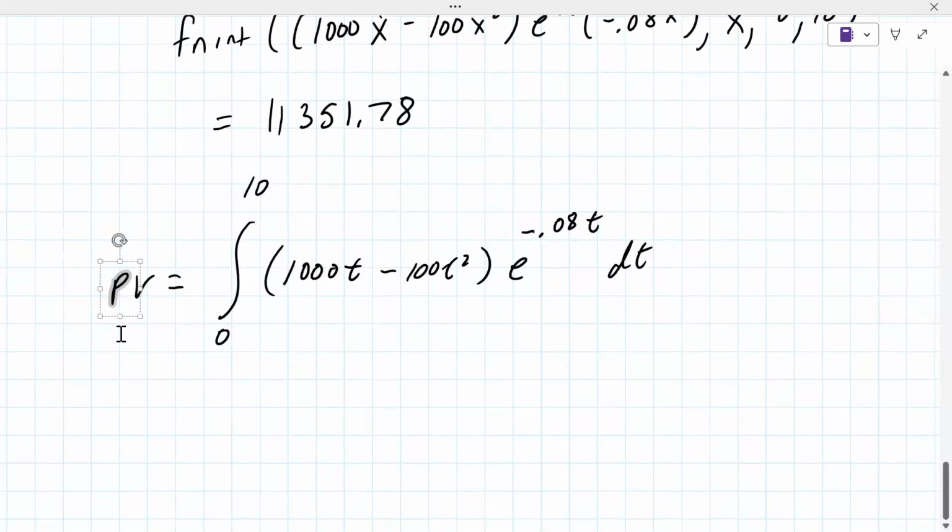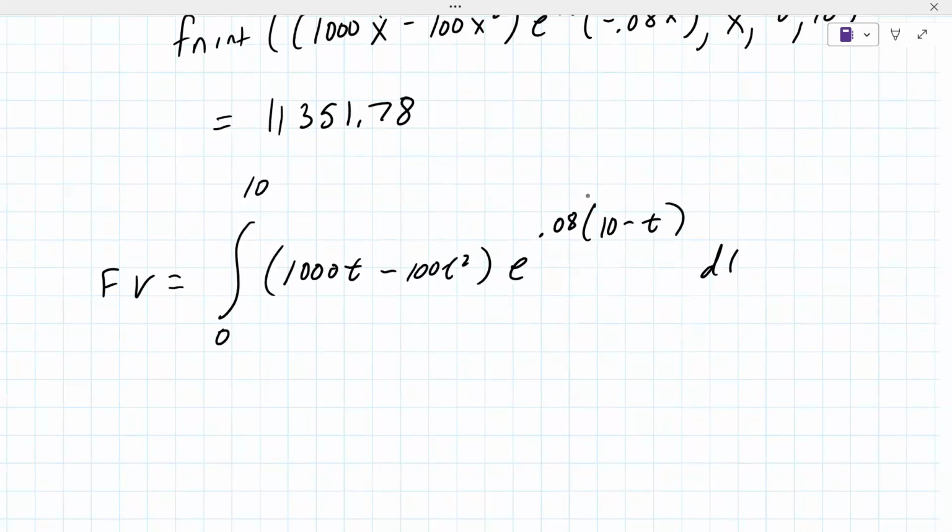The only change with the next one for the future value is a couple of changes. The first is that this negative goes to positive, and then it's the number of years in the parentheses minus t.